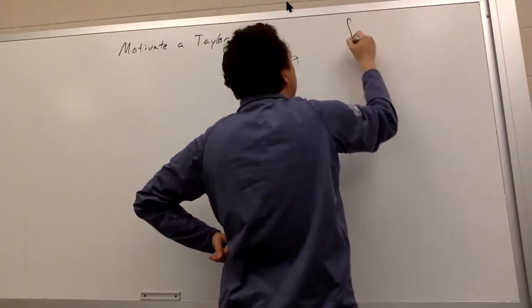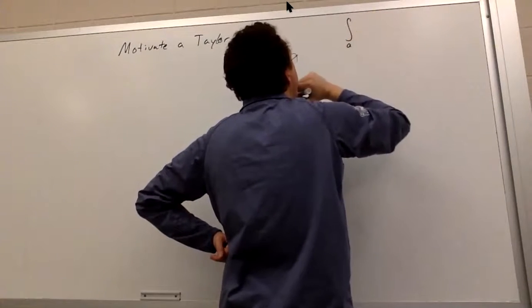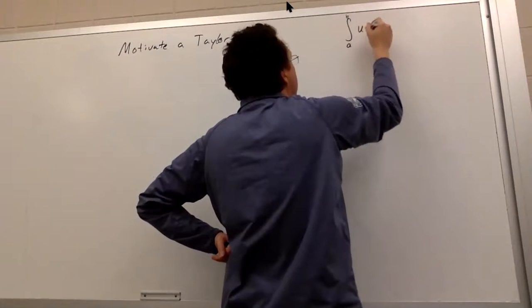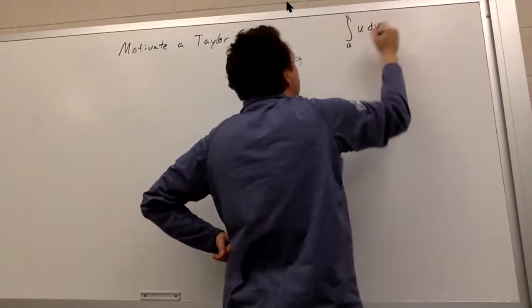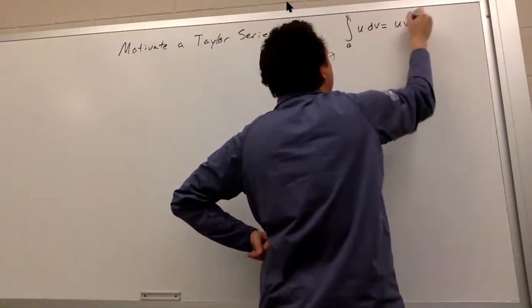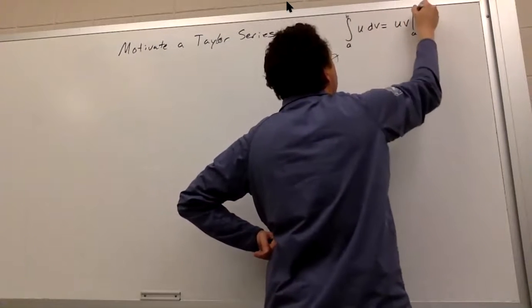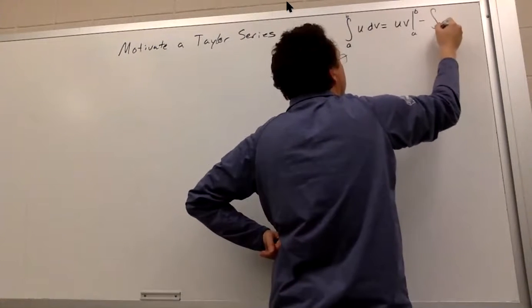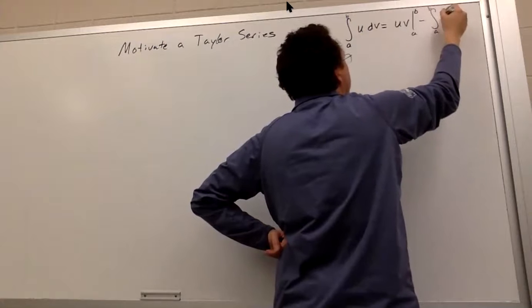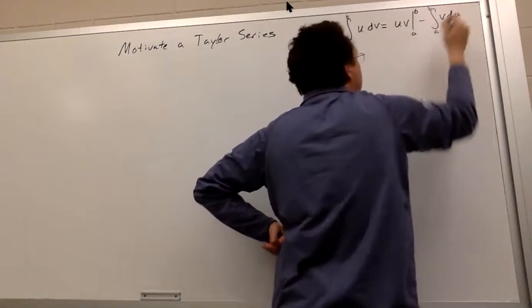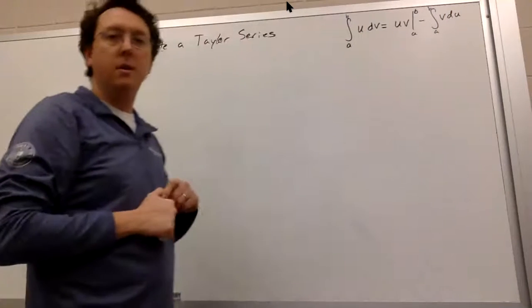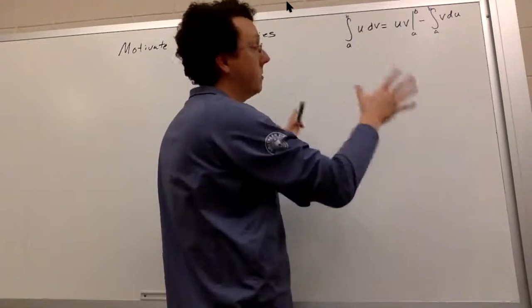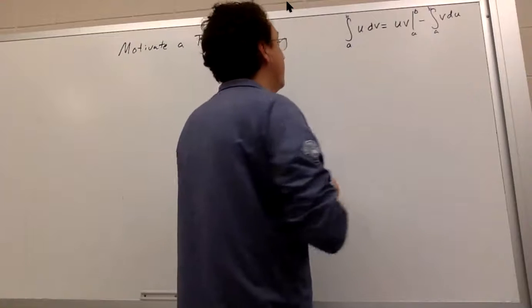The integral from a to b of u dv equals uv evaluated between a and b, minus the integral from a to b of v du. That really just comes from the product rule for derivatives and then integrating that. Okay, so hopefully that is a familiar formula to you.